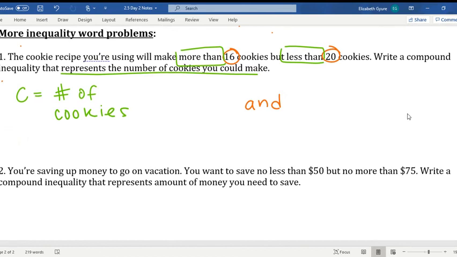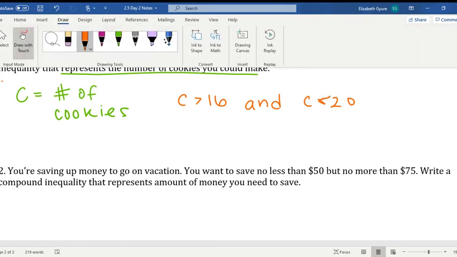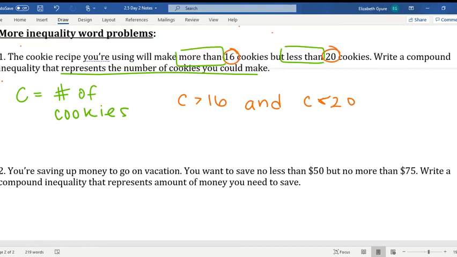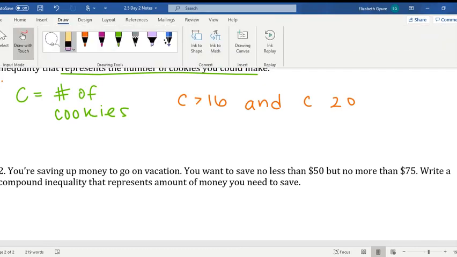Yeah, more than would be a greater than. So C could be greater than 16. And less than 20, just a less than, right? So then you would do C is less than 20 on the other side. Good. So more than 16 and less than 20. So somewhere in between that.